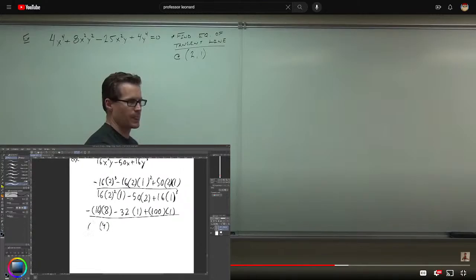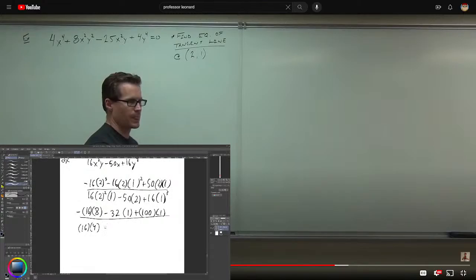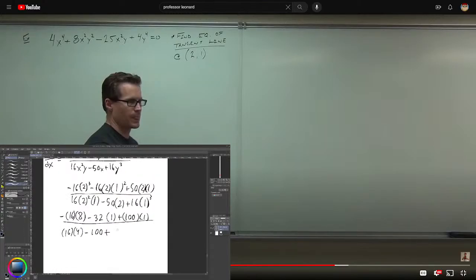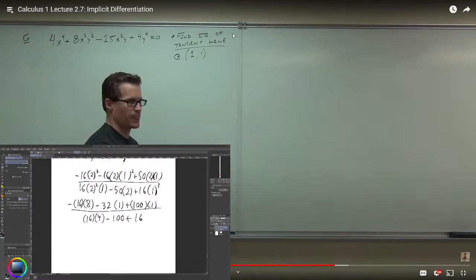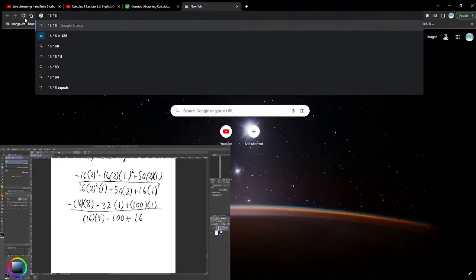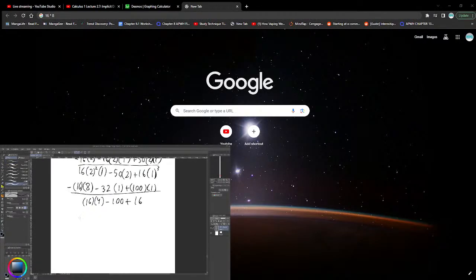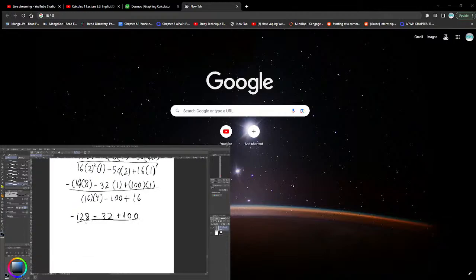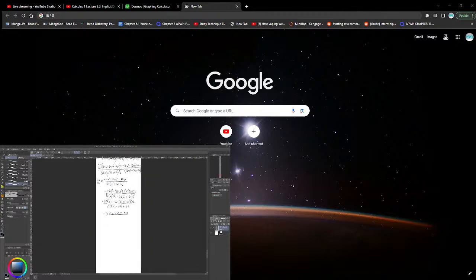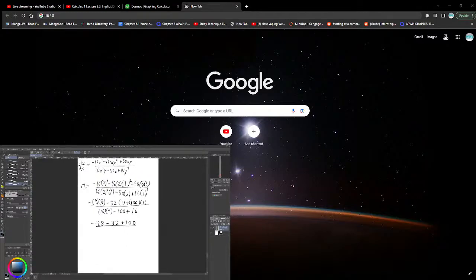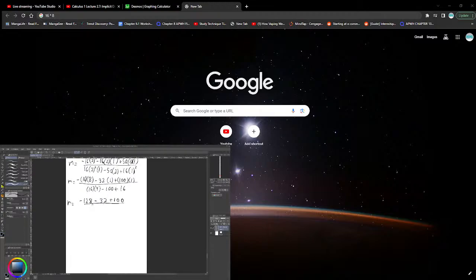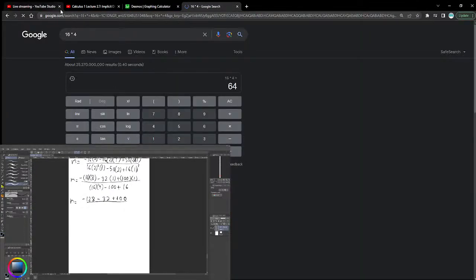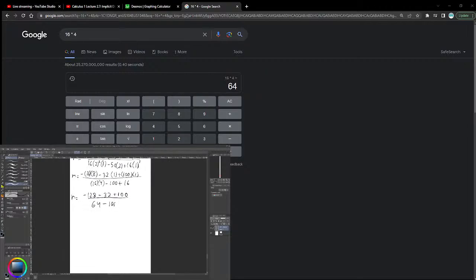In the denominator, 16 times 4 is 64, minus 100 plus 16.